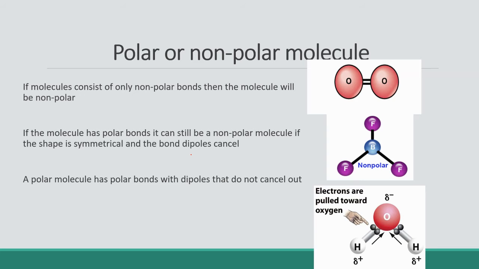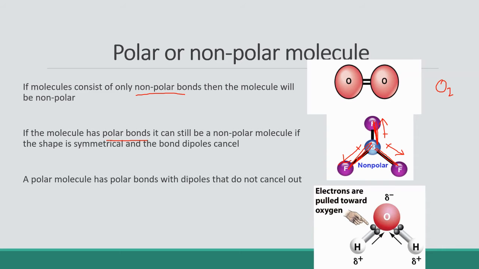If molecules consist of only non-polar bonds, then the molecule will be non-polar, okay? So like oxygen, O2, both atoms are the same electronegativity, so the bonds are equally shared. It's not polar. If the molecule has polar bonds, like between boron and fluorine, this has actually got 3 polar bonds, and there will be a dipole there, and a dipole there, and a dipole there.